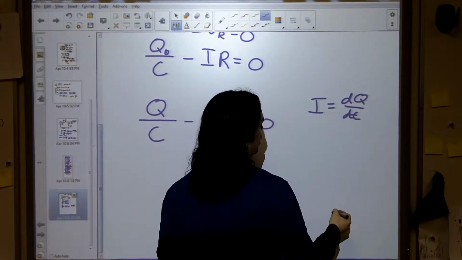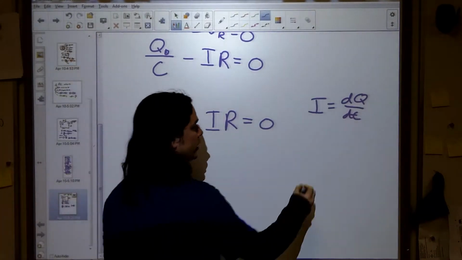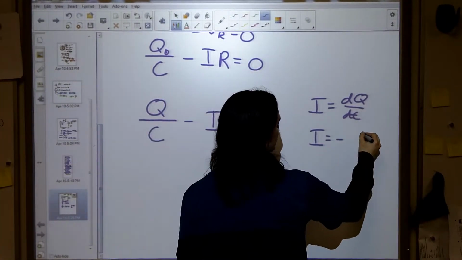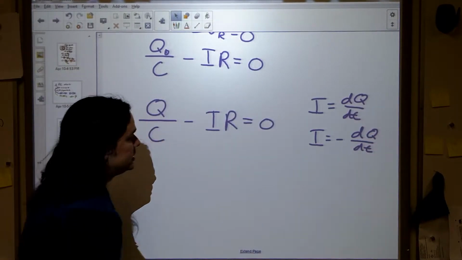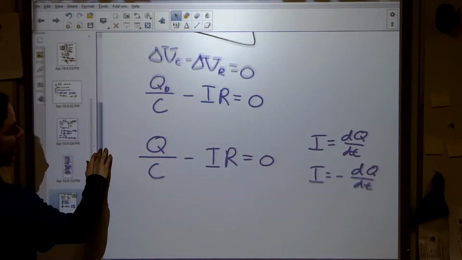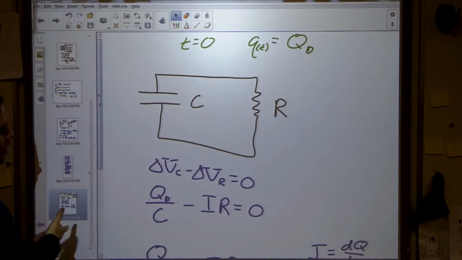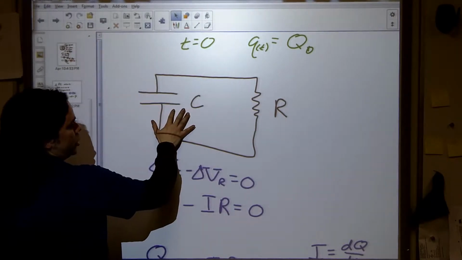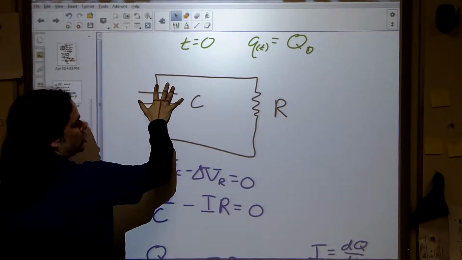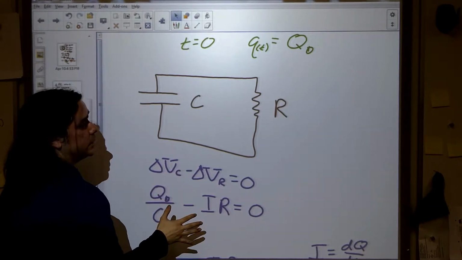That is still the case, although this time with us discharging instead, we're actually going to have that the current will be equal to negative dq dt. The negative on this is because at this point we actually have a relationship between the charge. Let me rephrase this. When it's discharging, the relationship between our charge on here and the current is actually going to be slightly different than what we saw last time.